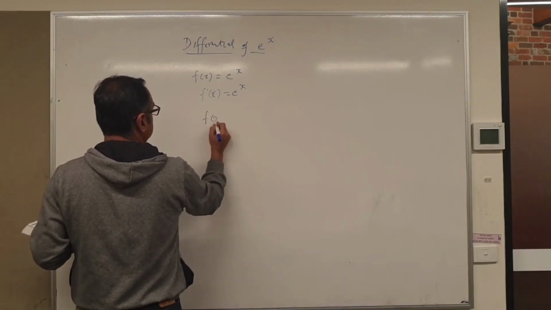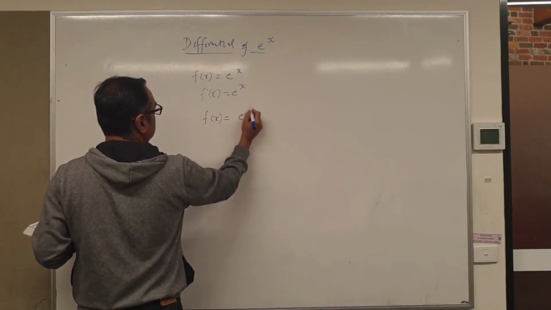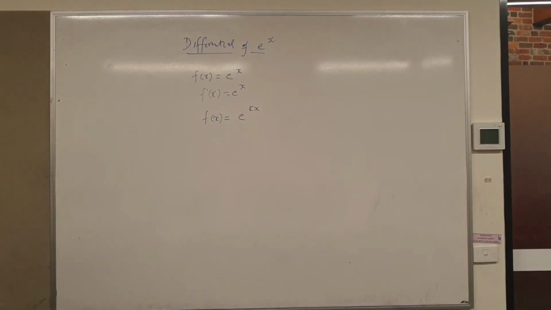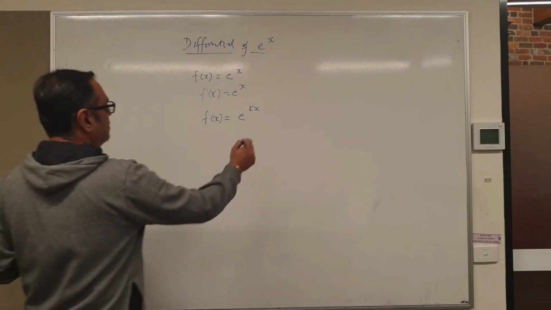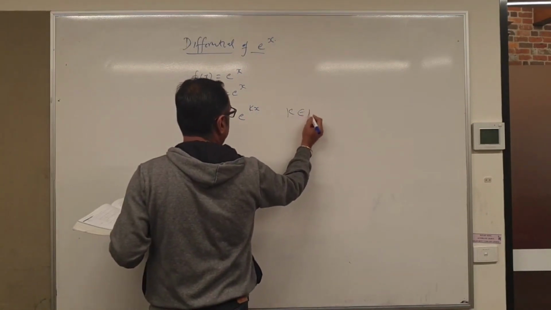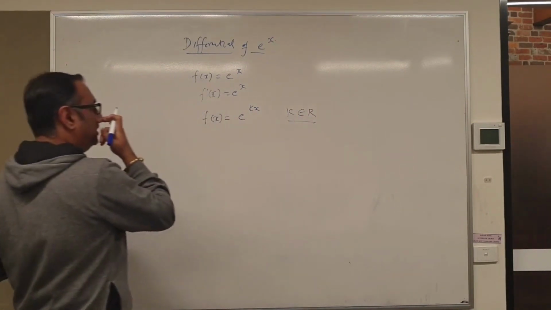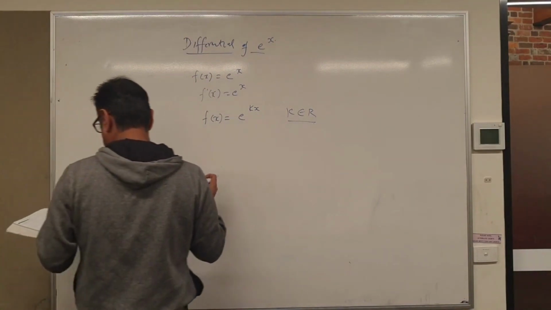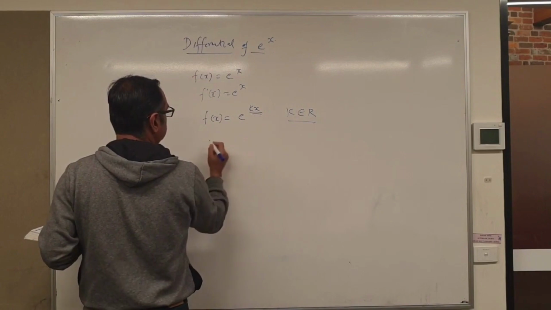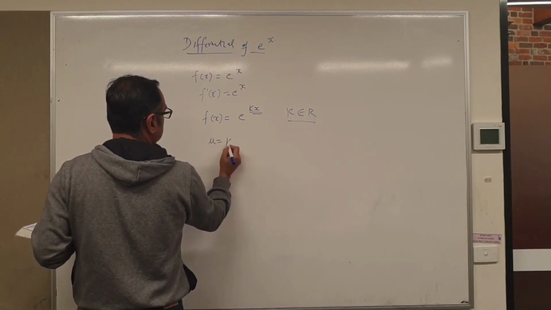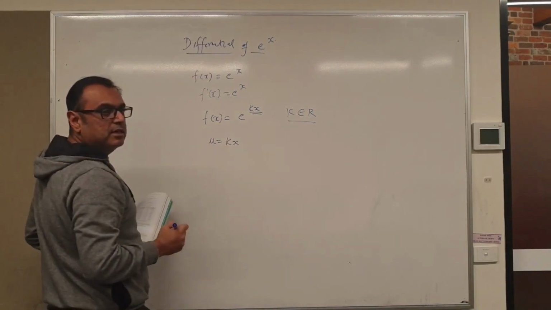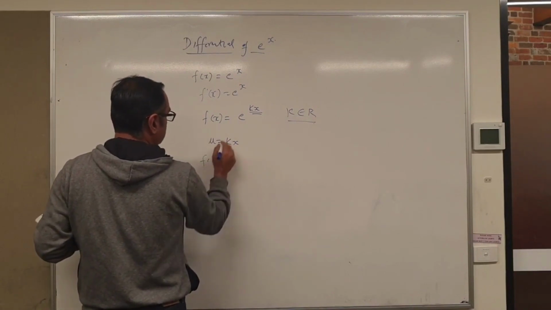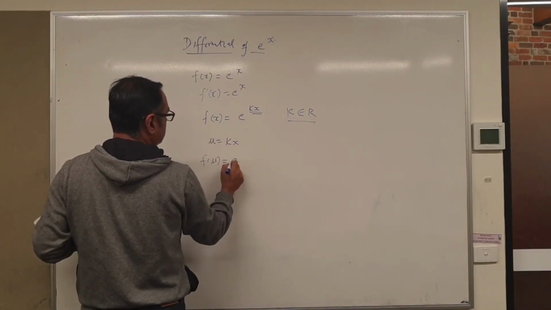Now, if you've got f of x equals e raised to the power of kx, where k could be any real number, then we use the chain rule. Chain rule tells us, let's assume kx to be u. Then f of x becomes f of u, which is e raised to the power of u.